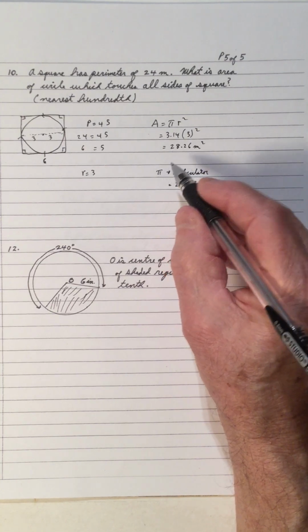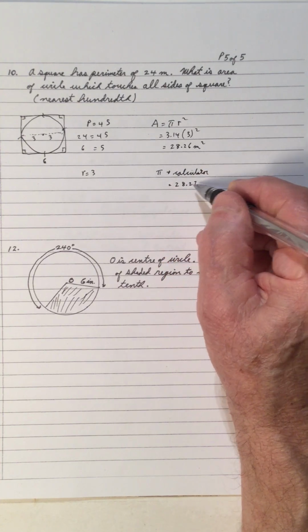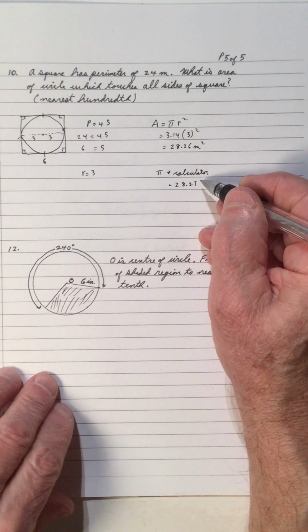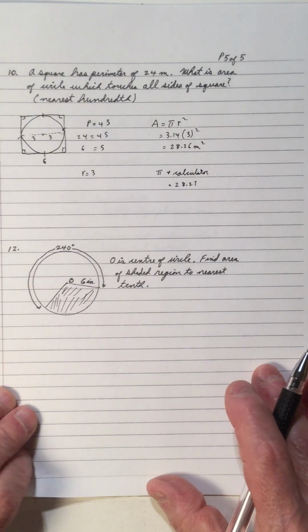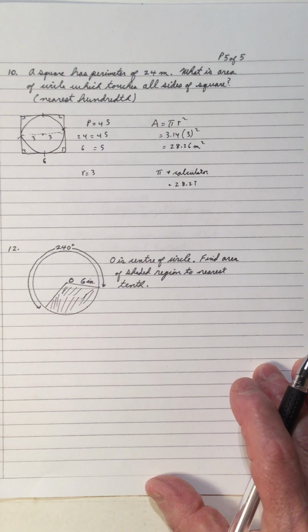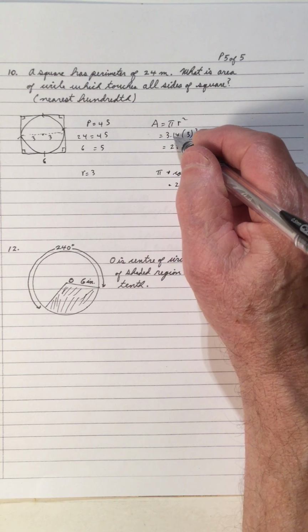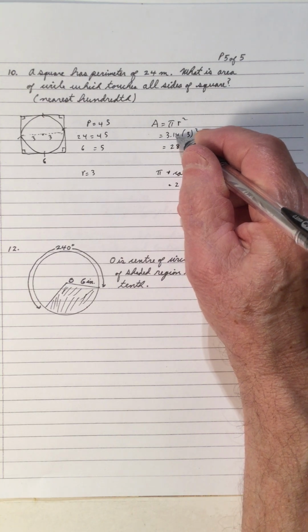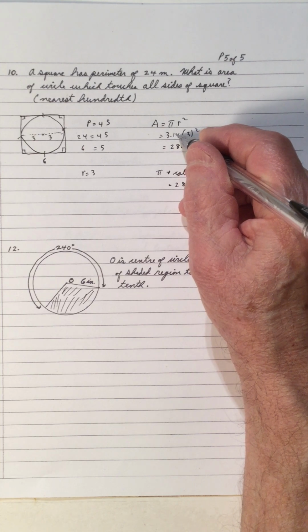So using pi, multiplying pi times 9, you'll get 28.27. So there is a little difference. Talk to your teacher about it and make sure you understand. Do you use pi or do you use 3.14? Because 3.14 is rounding it off to the nearest 100 right here.